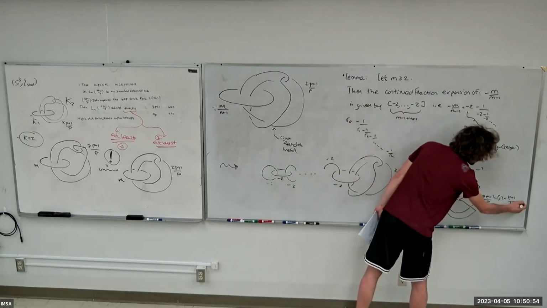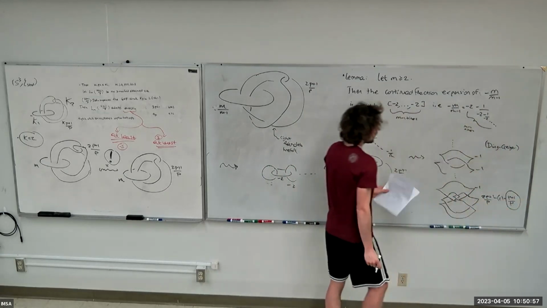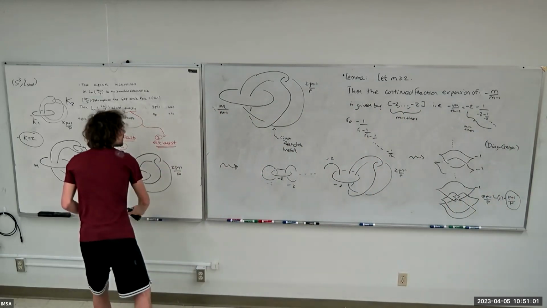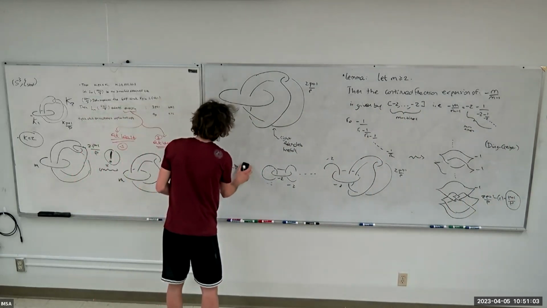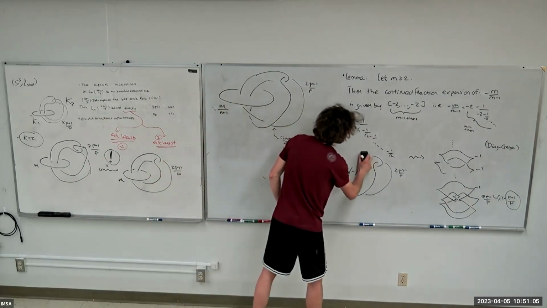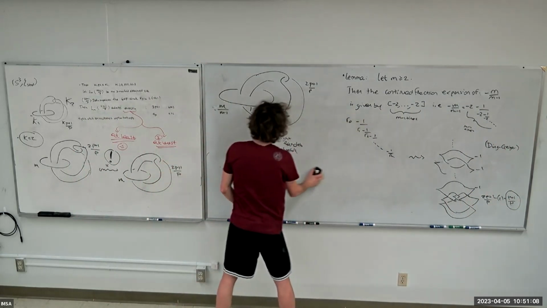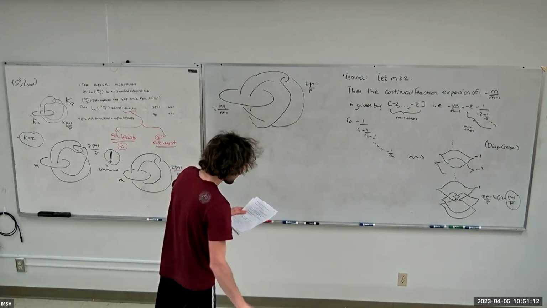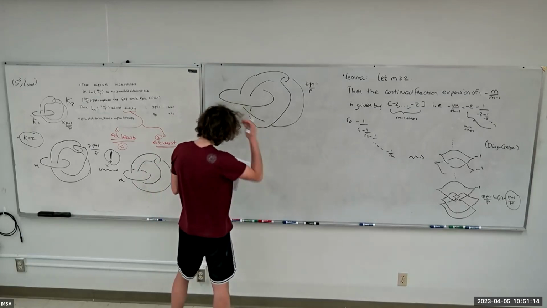I have to work with this portion here. And to do so, I will erase this portion. To do so, I have to turn this first of all into a negative coefficient.